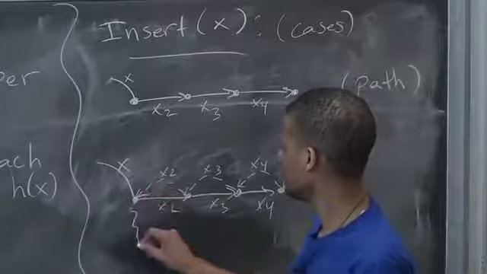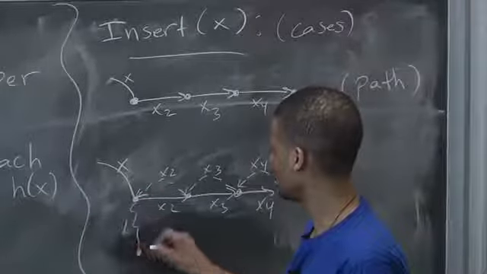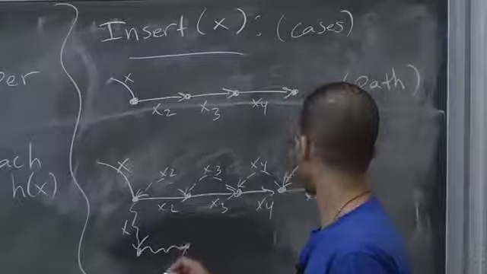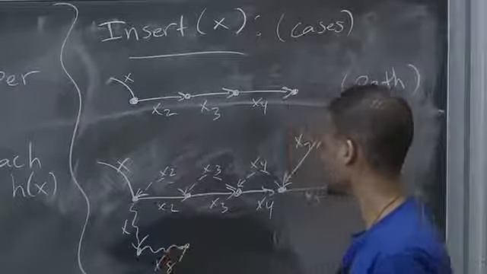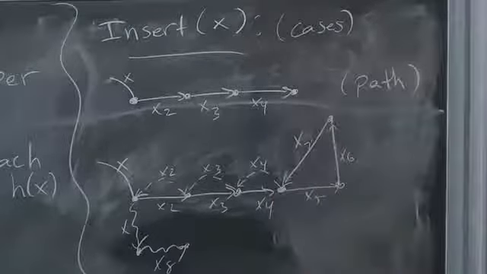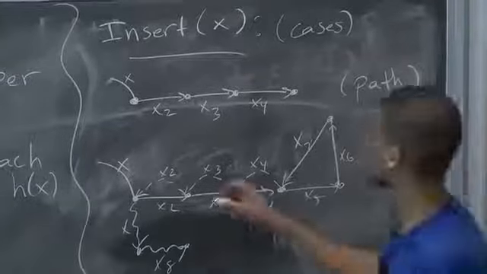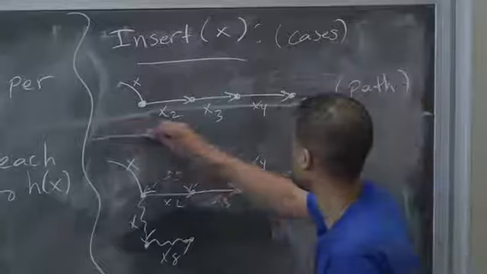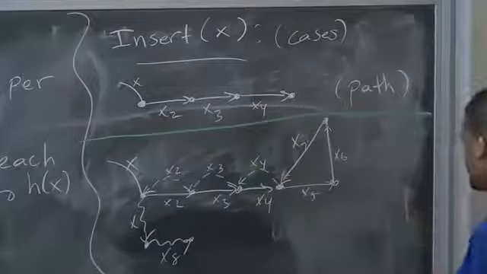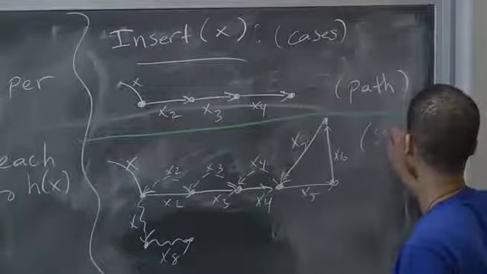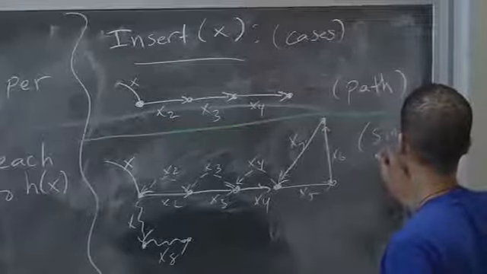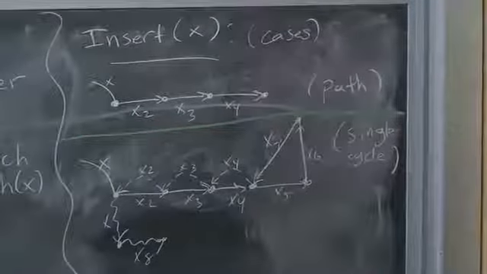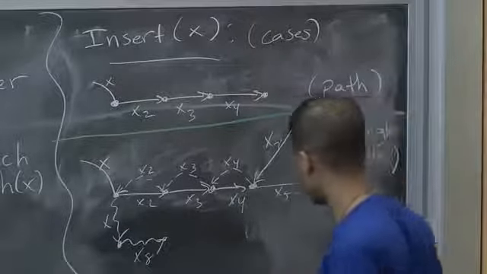So now x tries to go here. That might kick someone out, x8. And then maybe now we're done. So this case here is we have a single cycle. Let me give myself some more room for the next one.